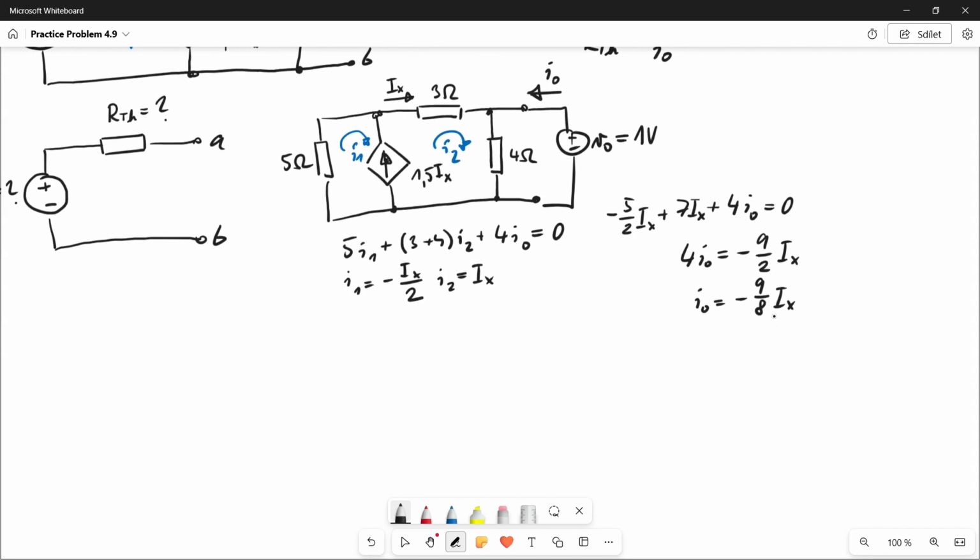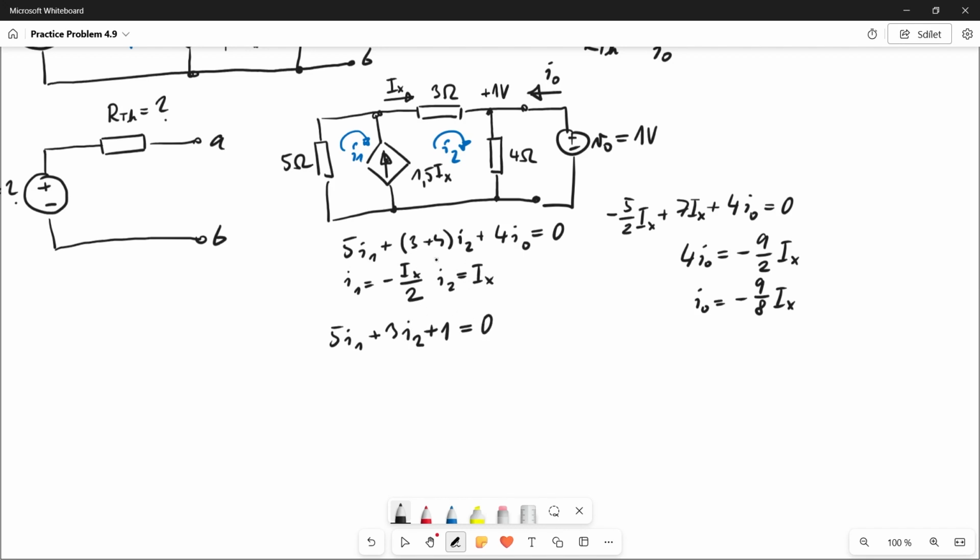We need to determine current x somehow. So let's apply Kirchhoff's voltage law to this mesh once again, but this time we will just consider that the voltage here is plus 1 volt. So we get that 5 times current 1 plus 3 times current 2 plus 1 equals 0.